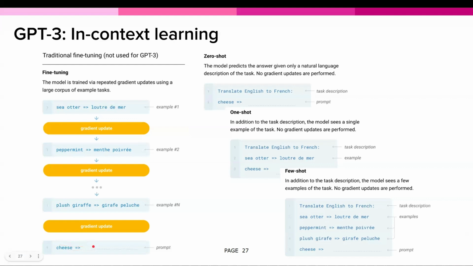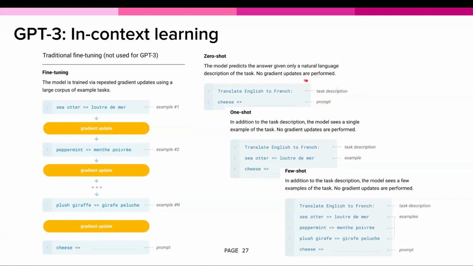On the other hand, GPT-3 can perform this task using in-context learning. To differentiate between types of in-context learning, we've had to get a little bit more specific and talk about zero shot, one shot, and few shot learning.